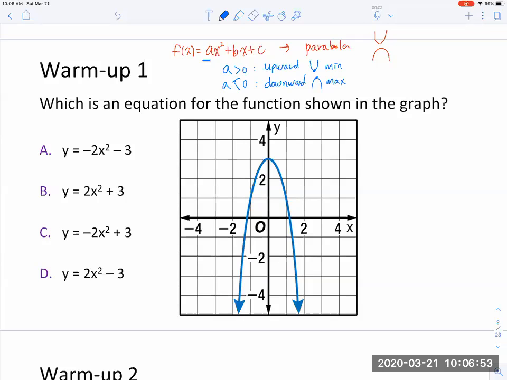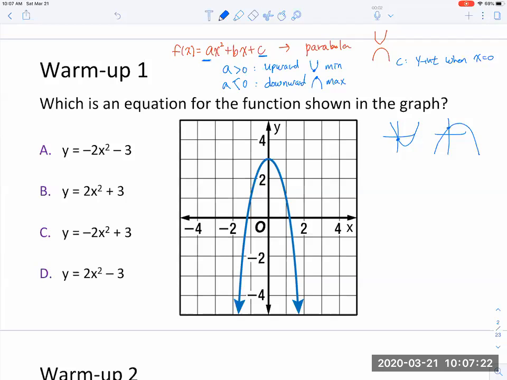All right, and then c. Do you guys remember? c is your y-intercept, when x equals 0. So the y-intercept is literally the point that the graph passes through on the y-axis. If you have a graph like this, the parabola always passes through one point on the y-axis.